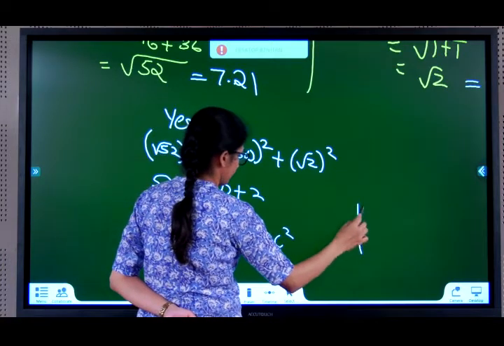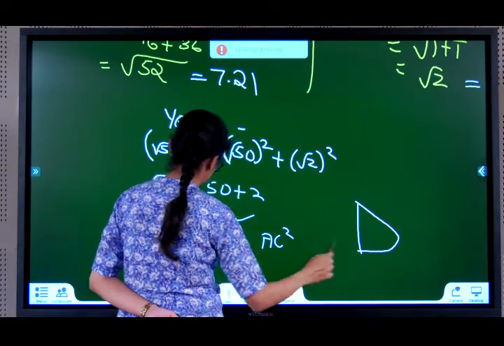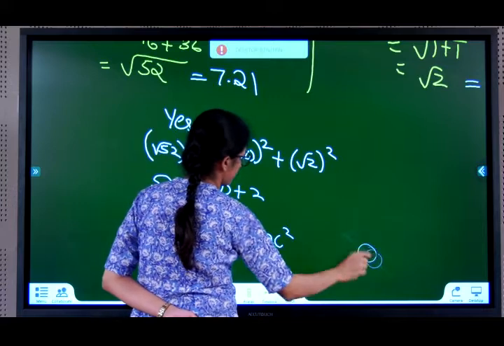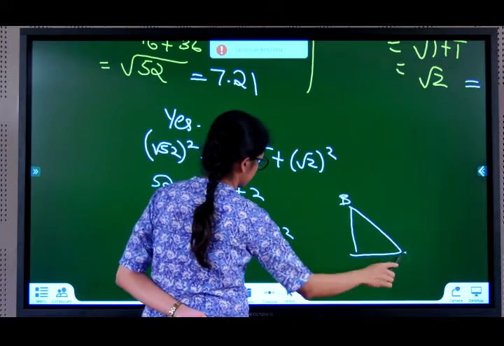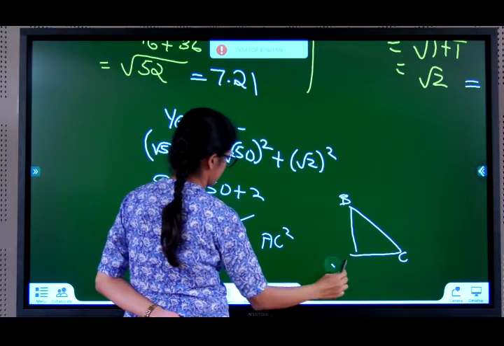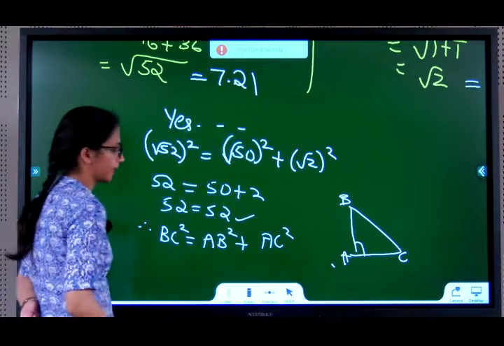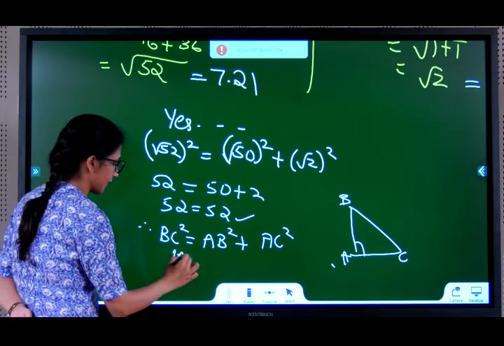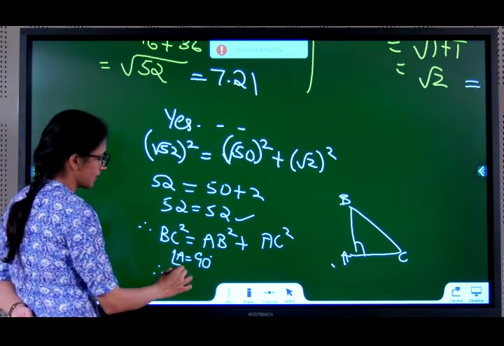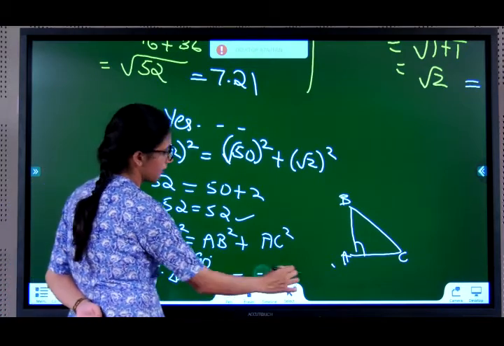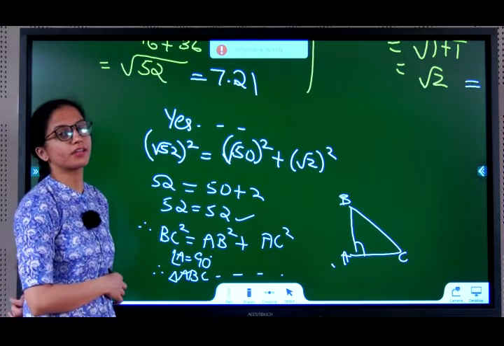So if I have a right angle triangle, BC is the hypotenuse, and this is A. So angle A is a right angle, angle A is 90 degrees. Therefore, triangle ABC forms a right angle triangle.